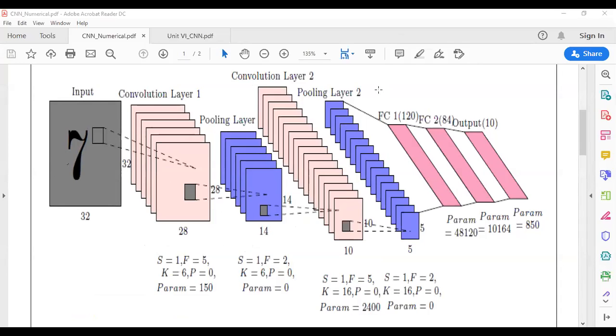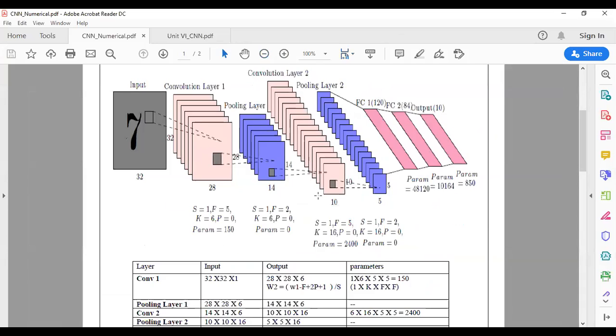This is the network that we were speaking of. This was the input, the convolution layer, pooling, convolution, pooling, and then this is our choice, deciding how many fully connected networks you have. Now, one question which always arises is about the parameters that we are using at each layer. This PARAM that you see at each layer is nothing but the parameters.